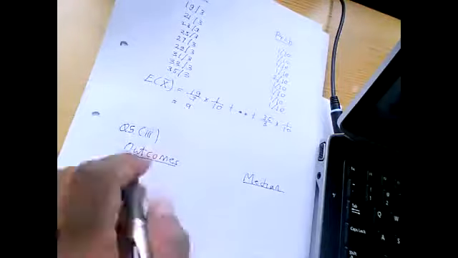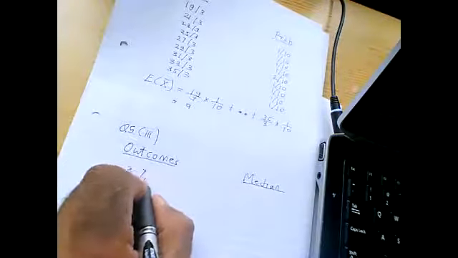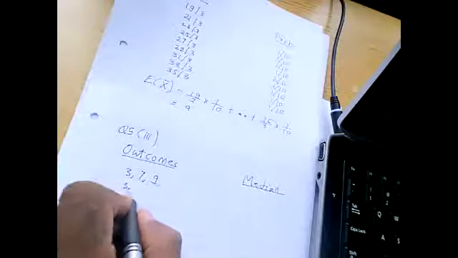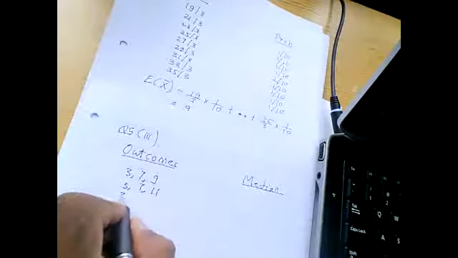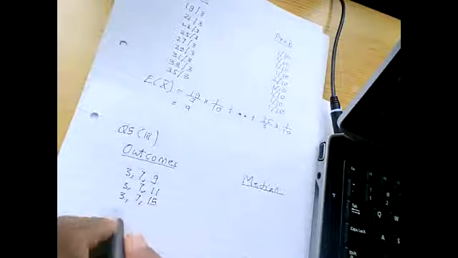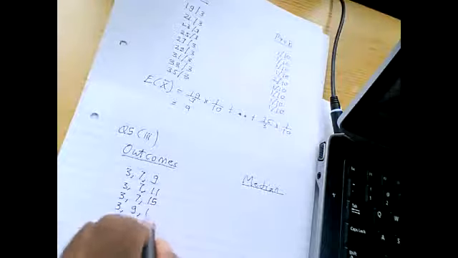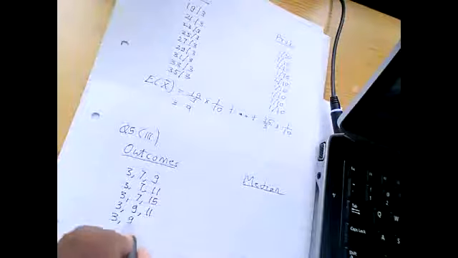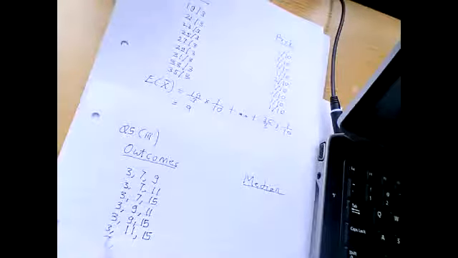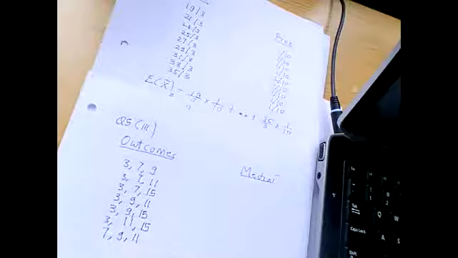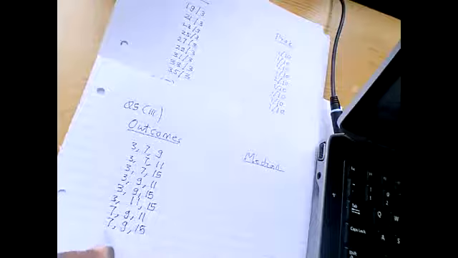Right, the outcomes are 3, 7, 9, 3, 7, 11, 3, 7, 15, and so on.